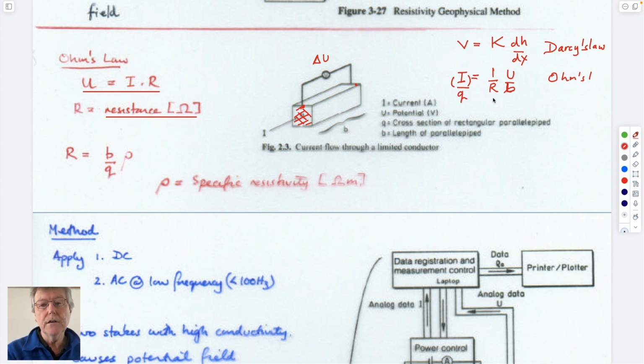And 1 over R, if we rearrange that, is equal to B over R, and I divided by cross-sectional area would leave Q.